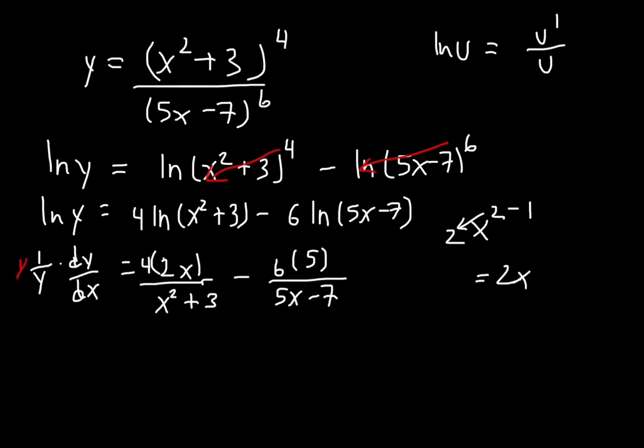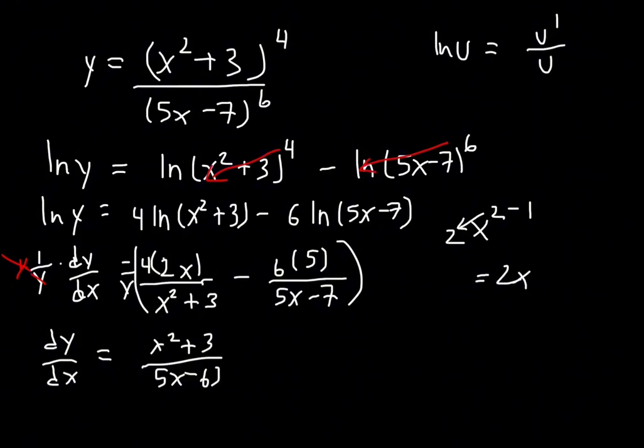So I'm going to multiply by y, so this cancels out, and I'll multiply by y here. So therefore this leaves us dy dx is equal to, and earlier we said that y is equal to this whole thing over there, so it's going to be x squared plus 3 over 5x minus 7, and then I'll put the exponents 4 and 6, and then multiply by this thing on top here.